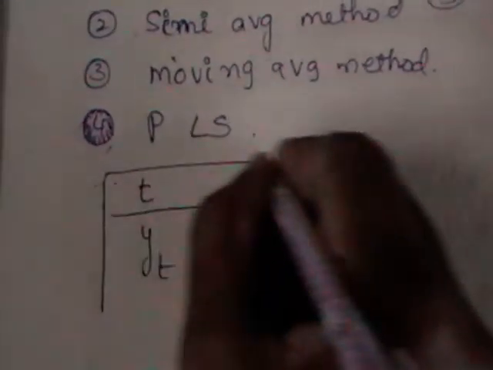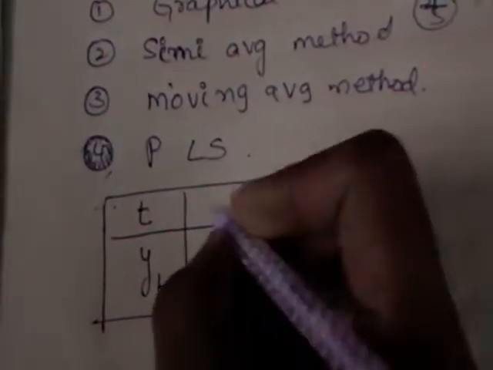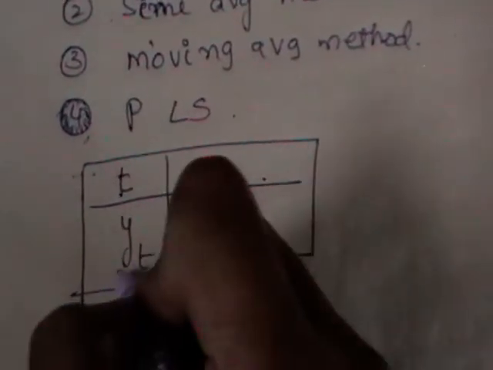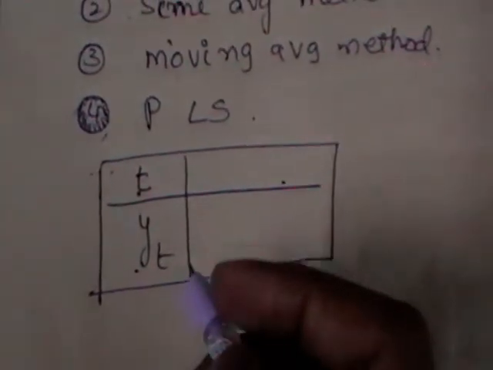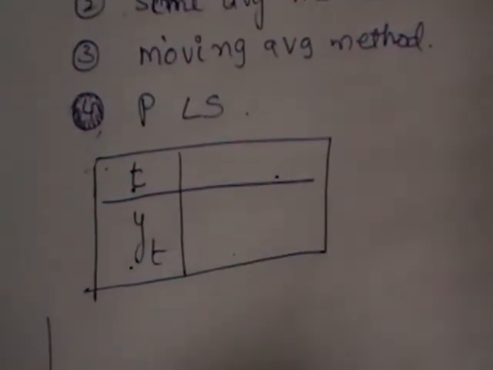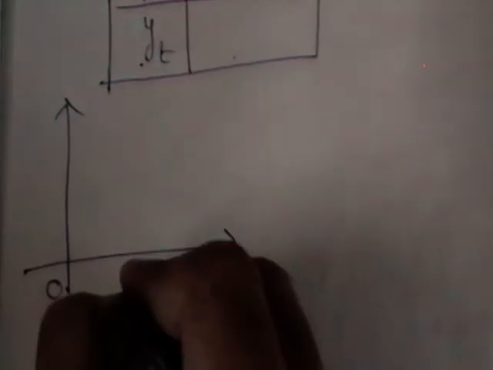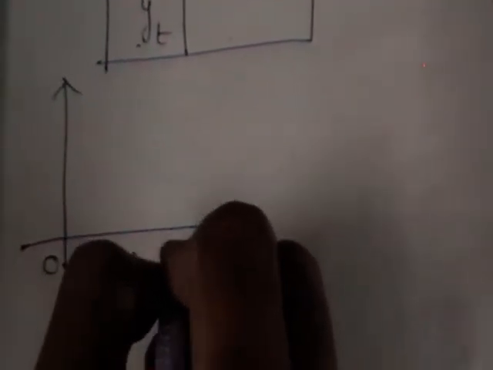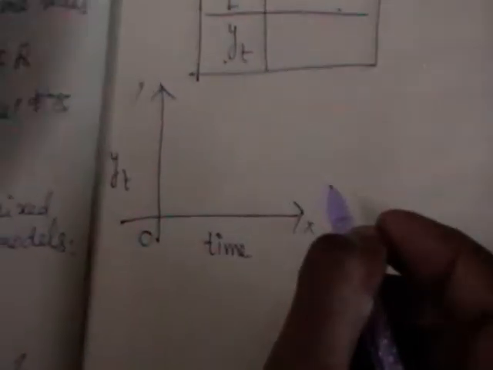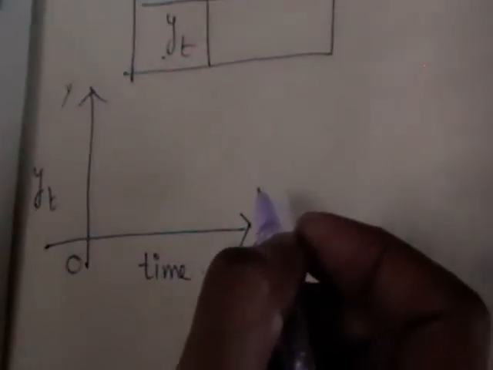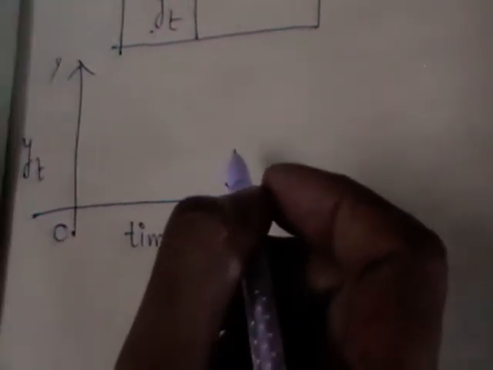This is the representation of a time series, where t indicates the time and yt indicates the value of the variable at the time t. So using the graphical method to measure trend, first of all you should consider a bivariate axis with the variable time on the x-axis and yt on the y-axis.